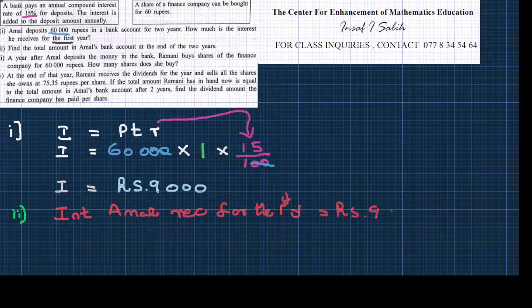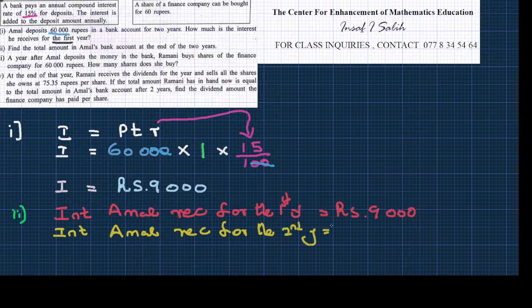Now let's calculate the interest Amal receives for the second year. How do we calculate that? Once again, we write the formula PTR, P times time times interest rate. What's the P now? What is the principal of Amal's account for the second year?